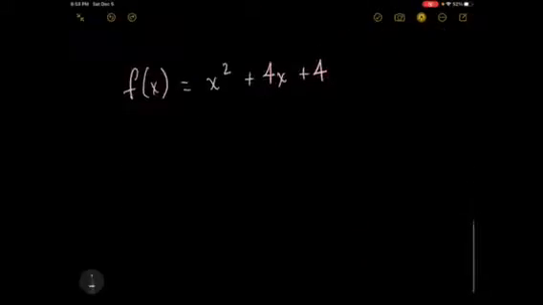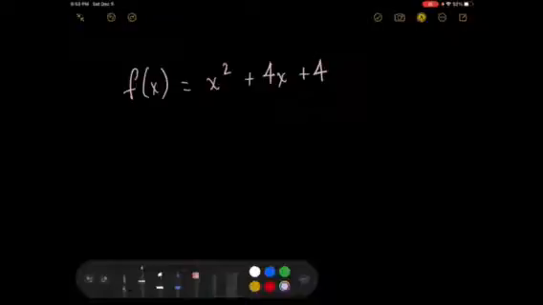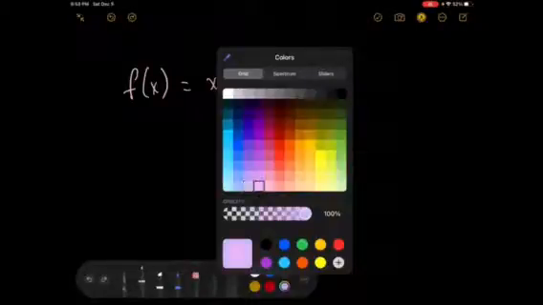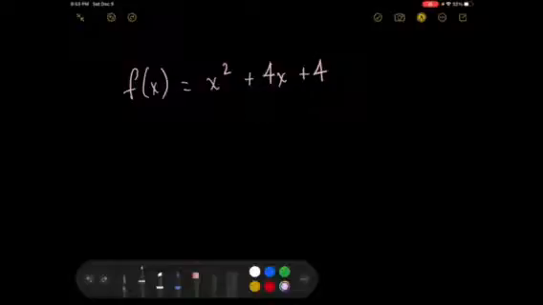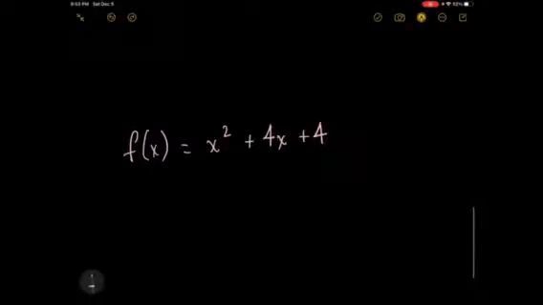Alright, now let's test out whether or not this really does work. This is just a simple quadratic equation, and we can figure out the roots just by using the quadratic formula or factoring.